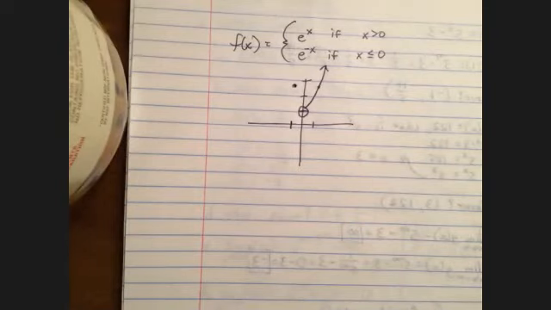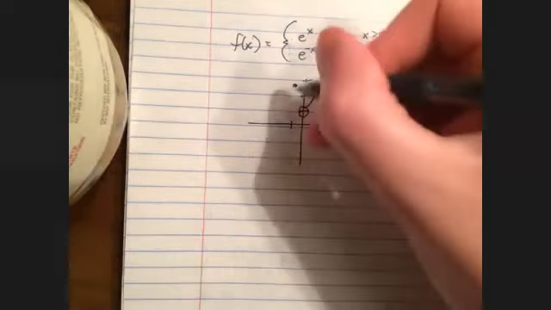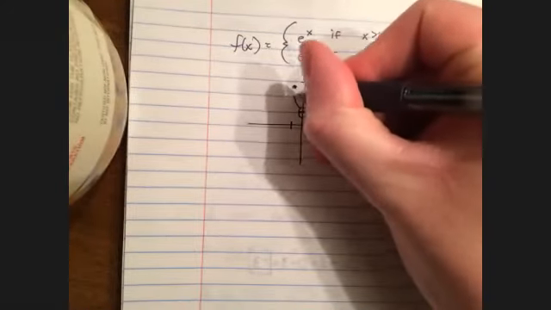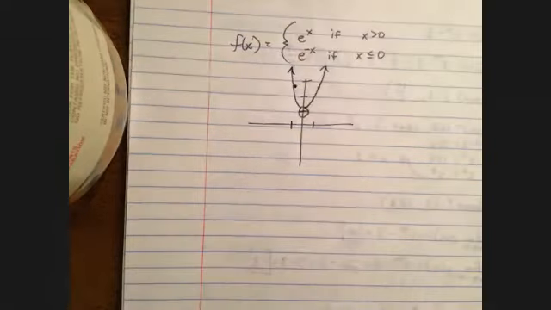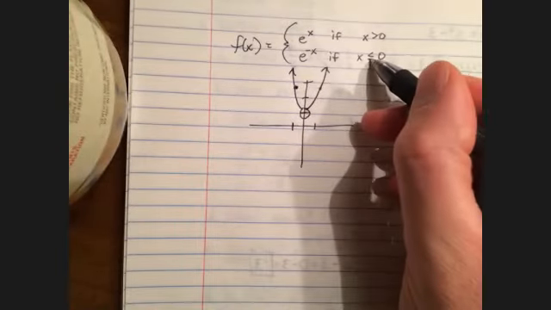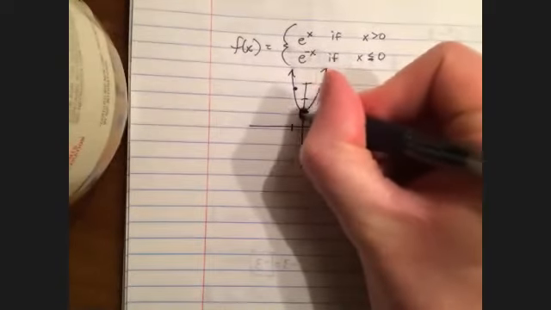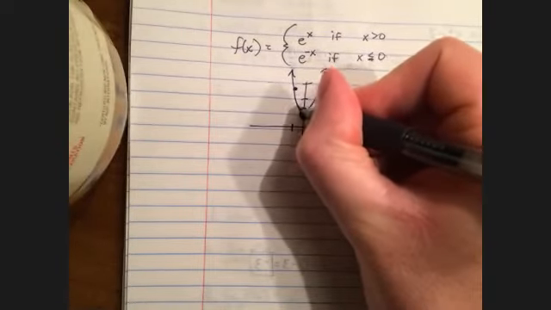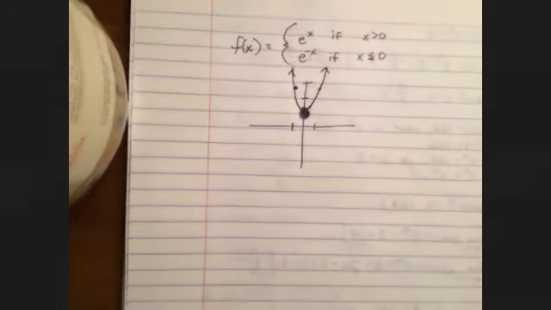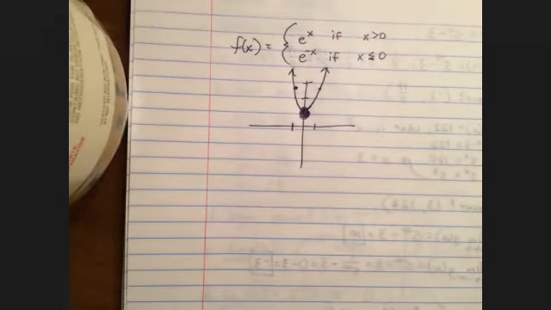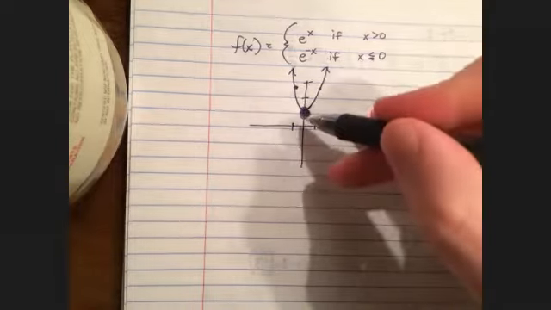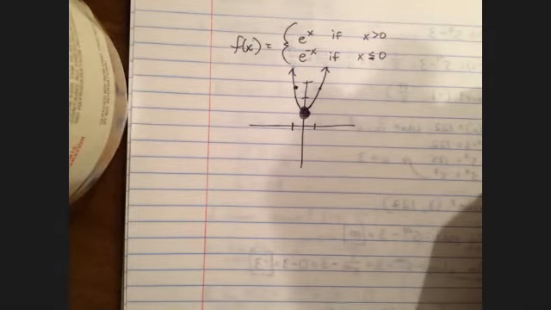Now, the only thing that's different about this one is, since it's less than or equal to, it's going to include that point now. So our graph does come up. It kind of looks quadratic, but it's not quadratic. Remember, it's exponential on the left side and the right side for that problem.